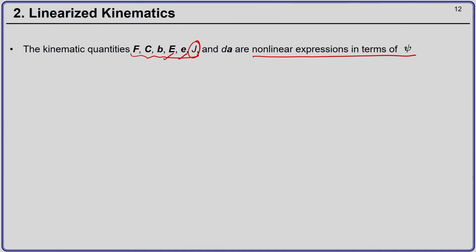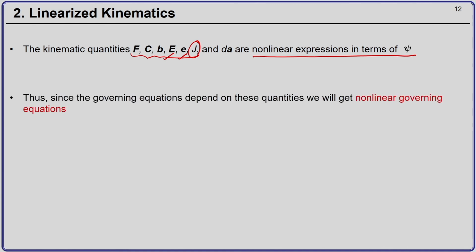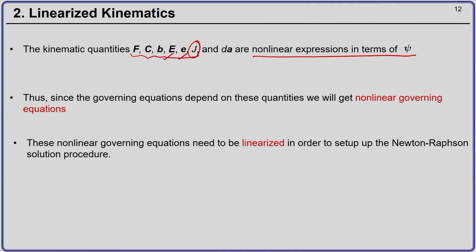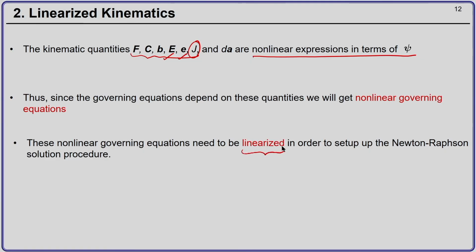Therefore, the governing equations we derive later in terms of these kinematic quantities will be nonlinear. To solve these nonlinear governing equations, we have to linearize them in order to set up the Newton-Raphson solution procedure.